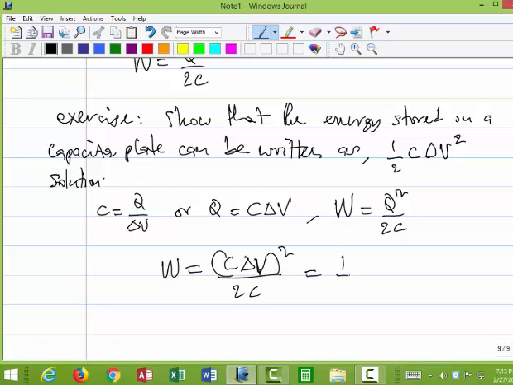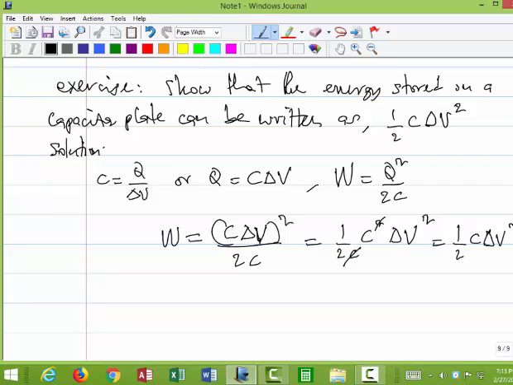So it will be 1 over 2C, and you have C squared delta V squared. You can cancel one of those. That should give you half C delta V squared. Okay. All right. Any questions on that?